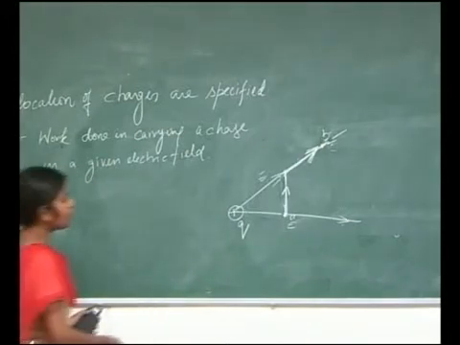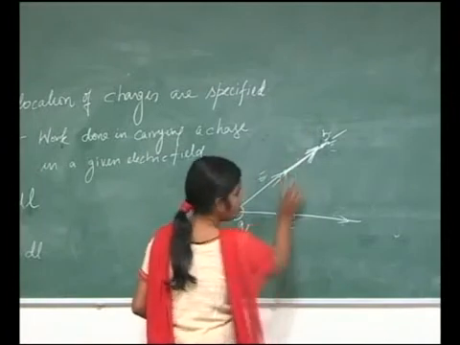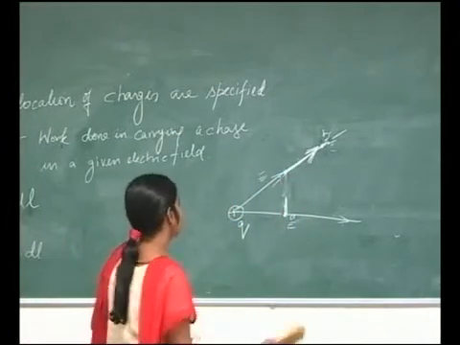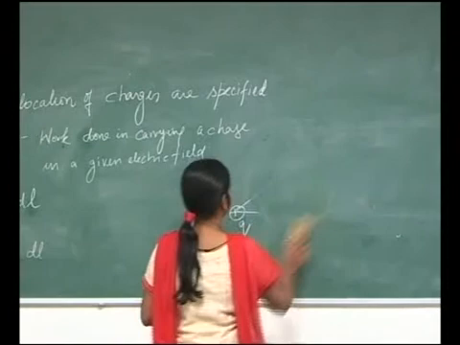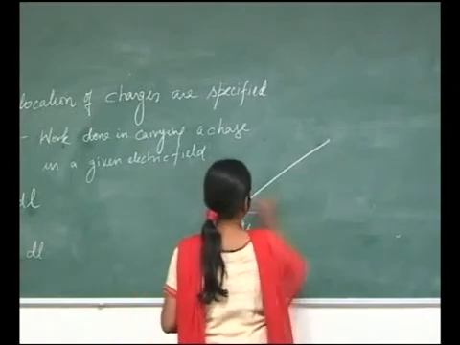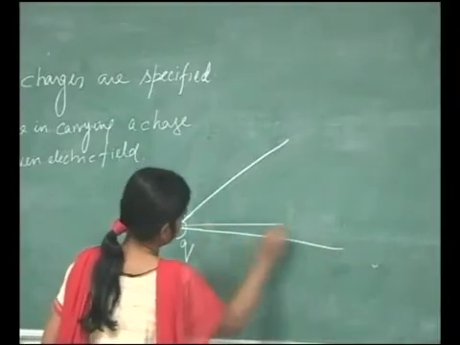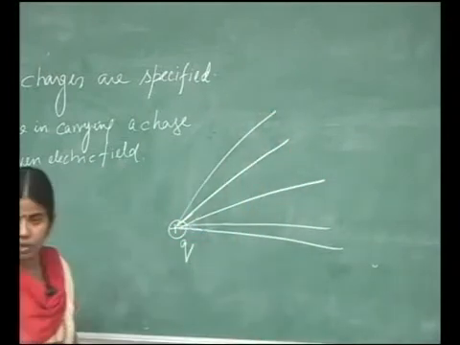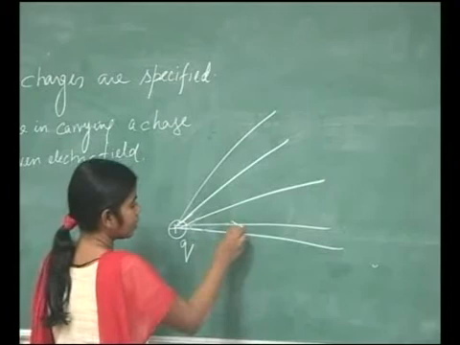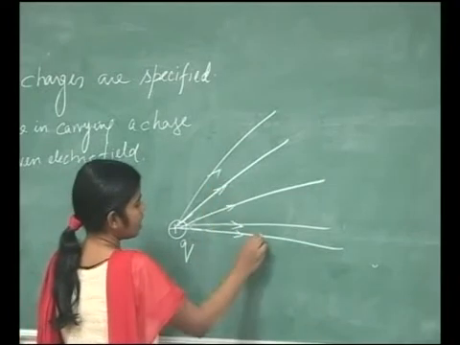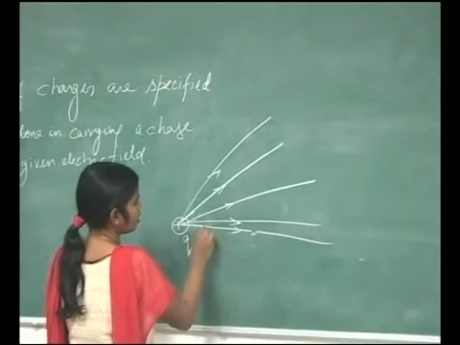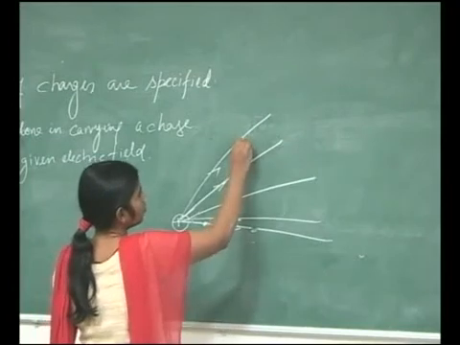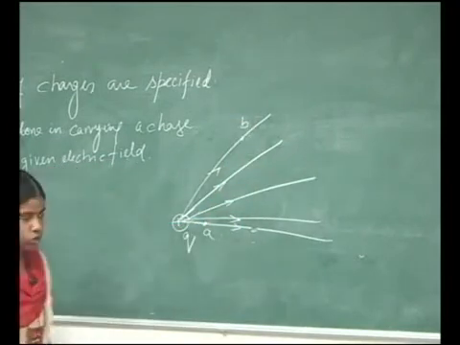Now let us take a more complicated case. Suppose I have a situation like this. Okay, and I have to move, say, from point A to point B. So how will I move?